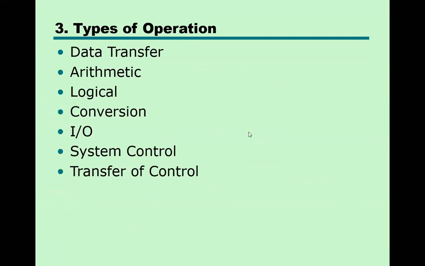Types of operation. Types of operation means the opcode. Opcode means operation. What is the opcode? Opcode means the instruction that we have seen. Like, suppose you are writing add a, b, for example.